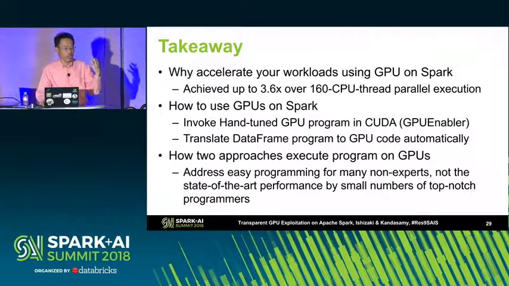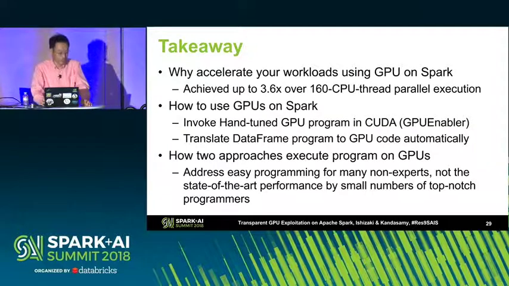This approach is not achieving the best performance by a top-notch programmer. This approach tries to lower the bar of GPU programming on Apache Spark for non-experts. So thank you for your attention.